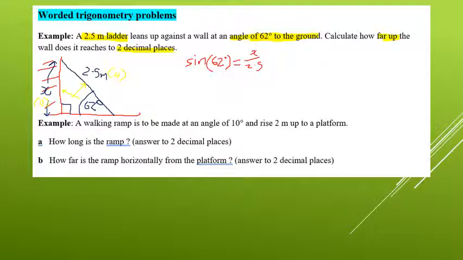Remembering we've got to identify our unknowns on top here, so this becomes 2.5 times sine of 62 degrees is equal to x.